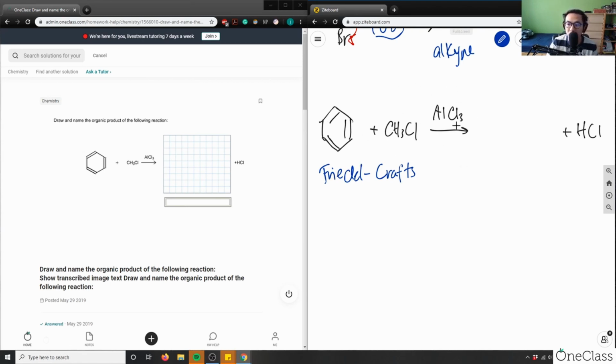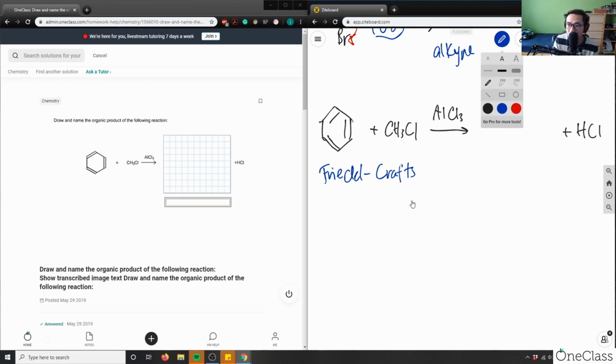The reagent, aluminum trichloride, is part of the Friedel-Crafts, and it's going to activate the alkyl halide. What does that mean? I'm going to draw the mechanism here.